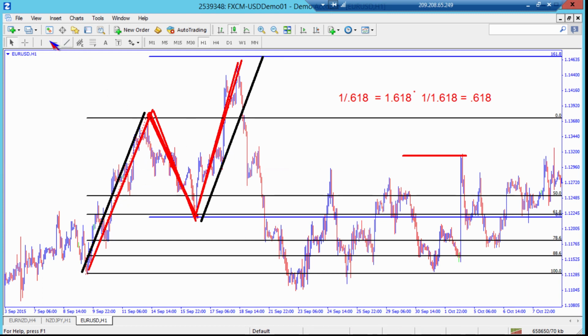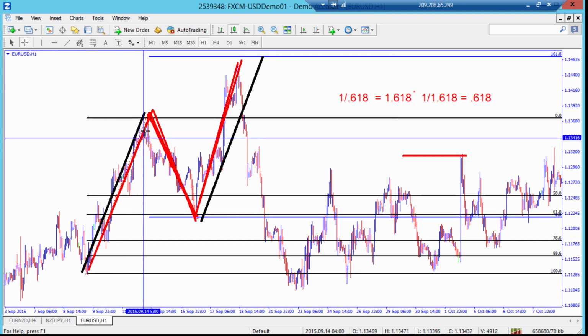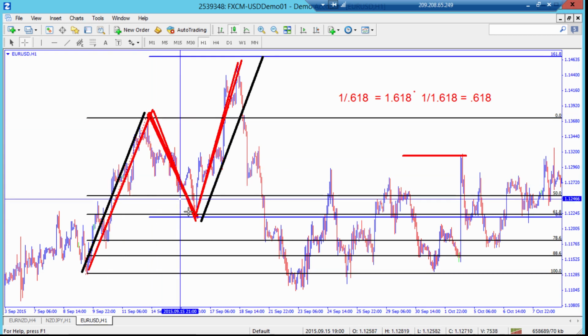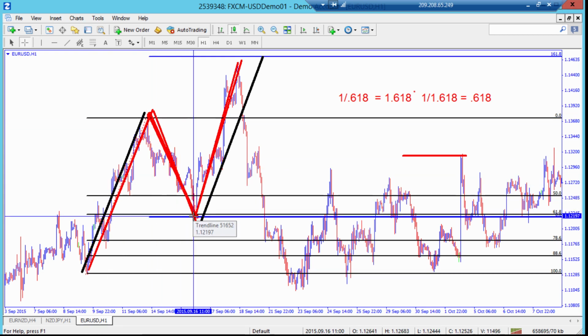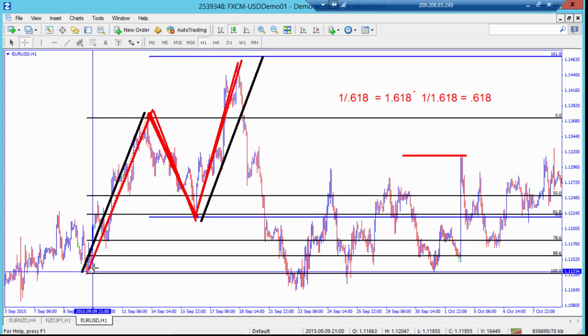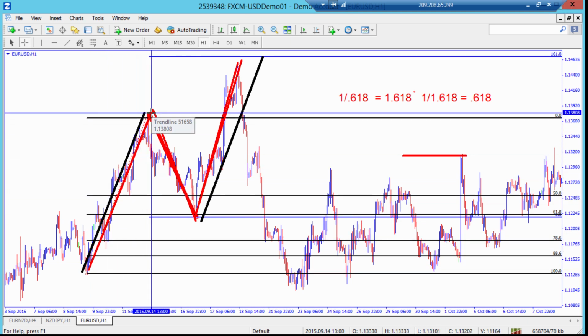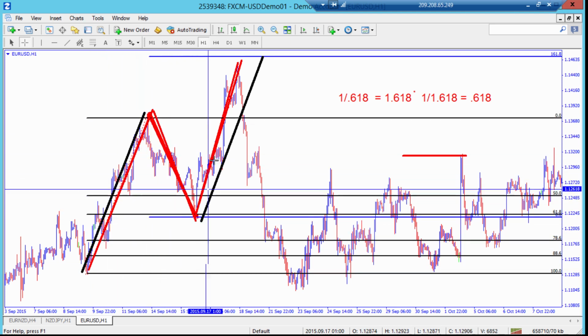So, one more time. Market goes from low to high, has a retracement. Market goes from low to high, and then goes from low to high.